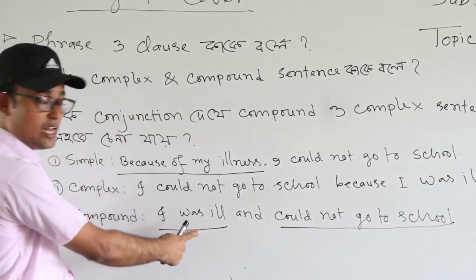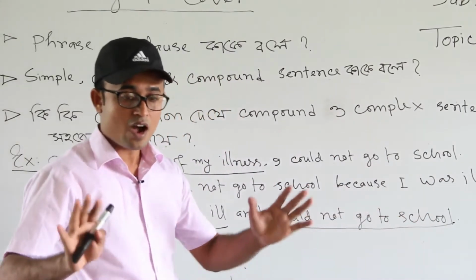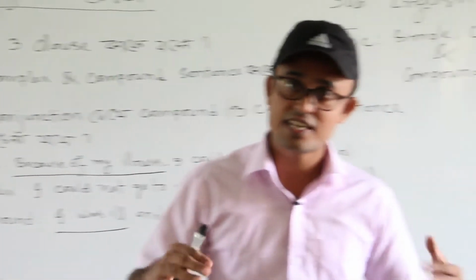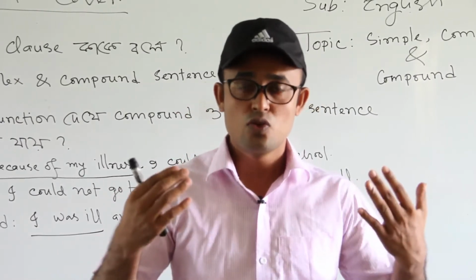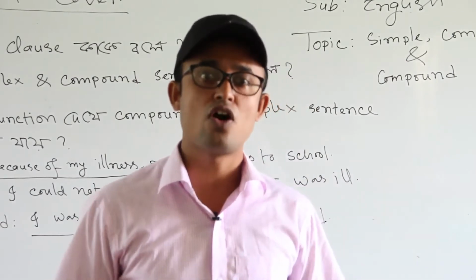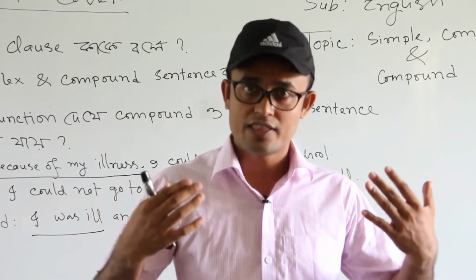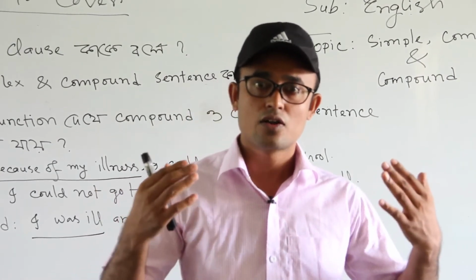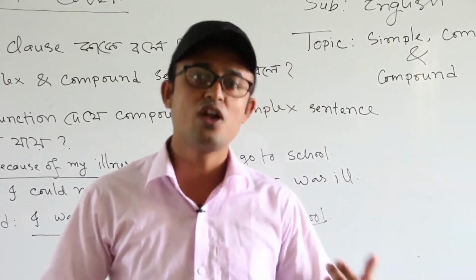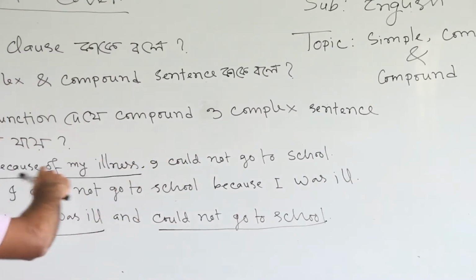One is I was ill and another is I could not go to school. তাহলে কম্পাউন্ড সেন্টেন্স কি হতে পারে প্রিয় শিক্ষার্থীরা? কম্পাউন্ড সেন্টেন্স হচ্ছে দুই বা ততোধিক প্রিন্সিপাল ক্লজ যখন কোঅর্ডিনেটিং কনজাংশন দ্বারা যুক্ত হয়, that is called compound sentence. Okay, next please, complex sentence.